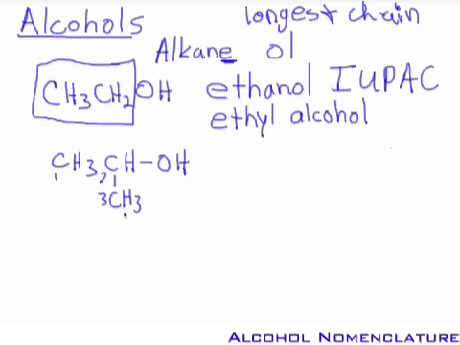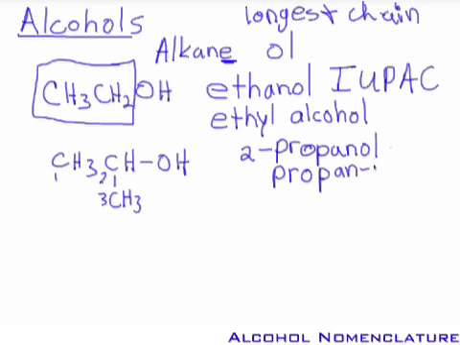This is a propane, and off of the second carbon comes an alcohol. This is a 2-propanol. Or better would be propan-2-ol. Both of these are IUPAC. The bottom one's the better name, but I would accept both.